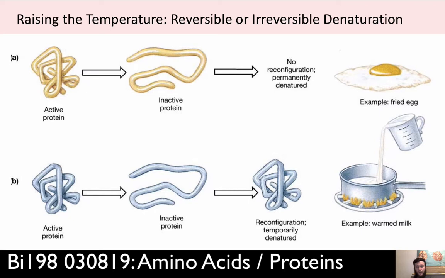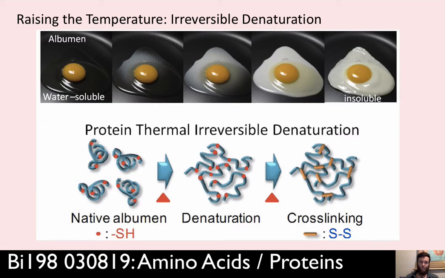So you can scald milk and let it cool down, and it's reasonably the same as it was before you heated it. So there's a reversible and irreversible denaturation possible with temperature.